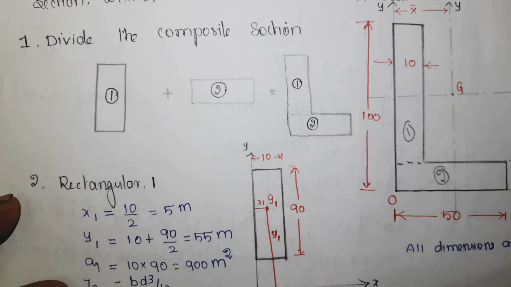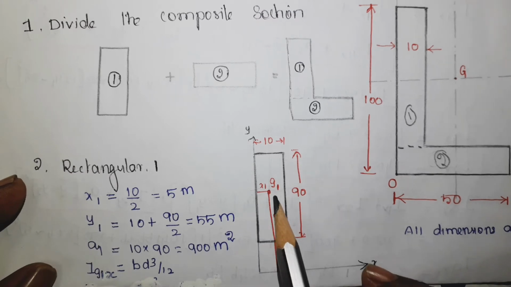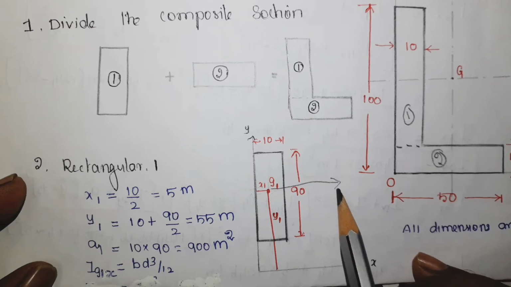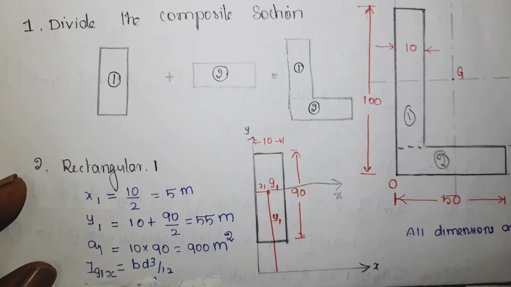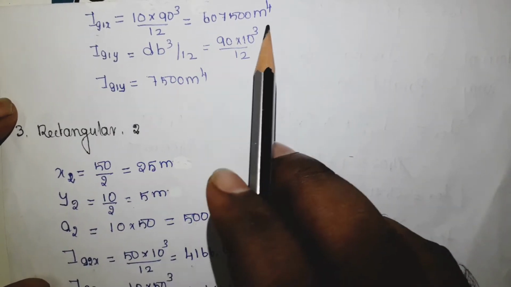Now the fourth variable is Ig1x, where I represents area moment of inertia and G1 is this centroid and the x is nothing but the axis passing through this centroid, this x axis. So I have to find the moment of inertia with respect to this axis. Now substitute all the values, then you get the answer something like this.